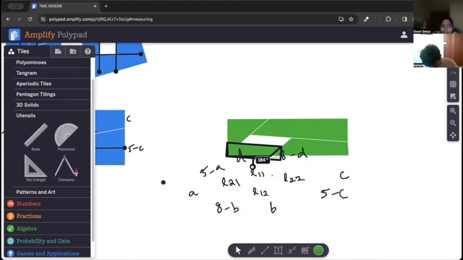So now the length of this big rectangle is going to be the same thing, that is L1 and L2. Not the breadth of the parallelogram, but the height of the parallelogram. So basically the length and breadth of the rectangle is going to be the length of the two traversals, L1 and L2.